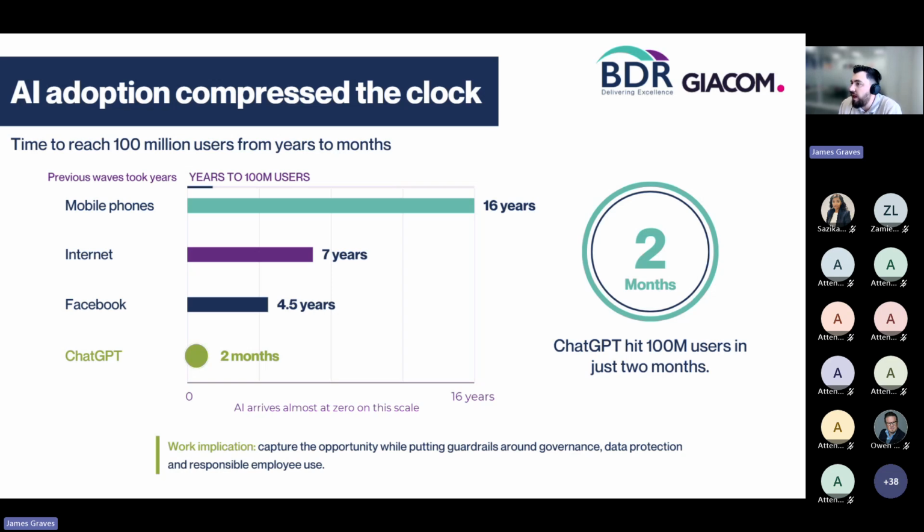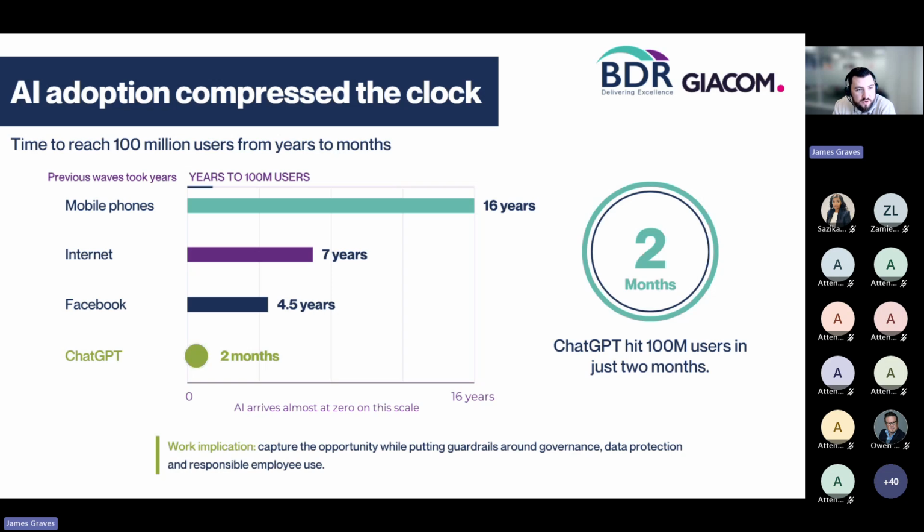What you'll see here is that unicorn number that a lot of tech companies like to see, the 100 million active users mark. You'll see technologies we wouldn't live without: the mobile phone, the internet, Facebook, taking 16 years, 7 years, and 4.5 years. And then we reach ChatGPT, which hit that 100 million number in 2 months.